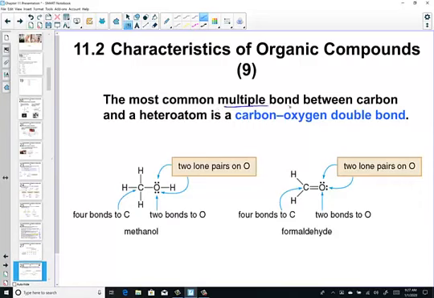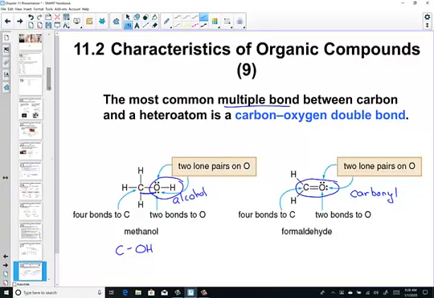So the most common multiple bond you'll find in any organic molecule is a C double bond O. Now that doesn't mean that it always has to be a double bond, because clearly we saw that the alcohol functional group had a single bond between the carbon and oxygen, but it can also form a double bond, and we're going to learn that this is called a carbonyl functional group, a C double bond O. So here we have an alcohol functional group that contains a single bond, and here we have a carbonyl functional group that contains a double bond.